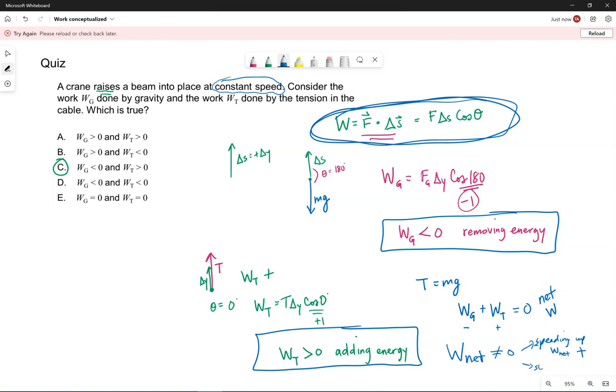If the beam was slowing down, the net work would be negative. So more energy would be taken out or removed than put in. And so that's what we're building up to, being able to relate this net work to what's happening, to the speeding up, slowing down, or constant speed.